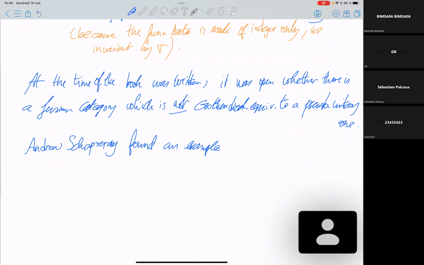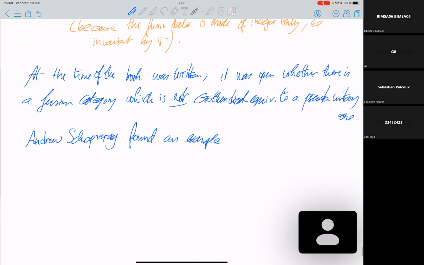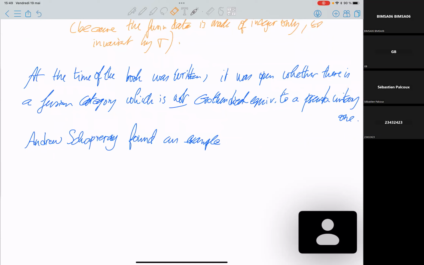So he found an example, or published an example, which is in fact simple and modular. Simple modular of rank 6 and multiplicity 2, if I am not mistaken. So it was not so far.